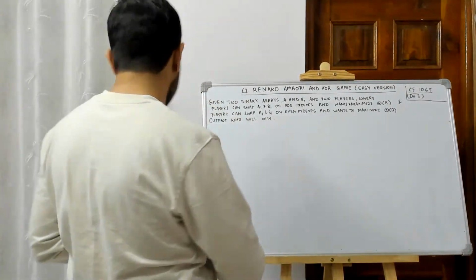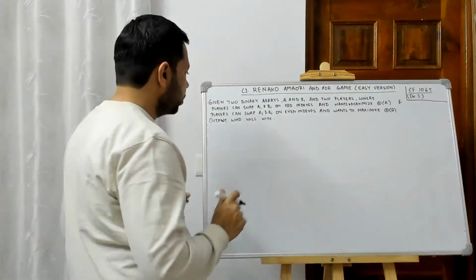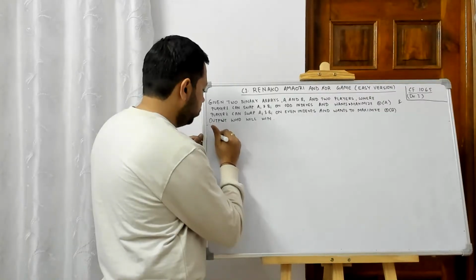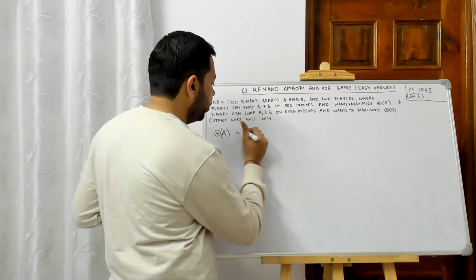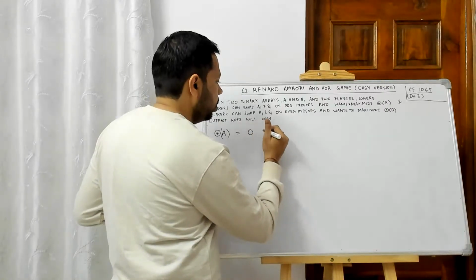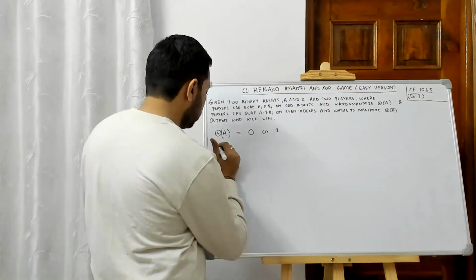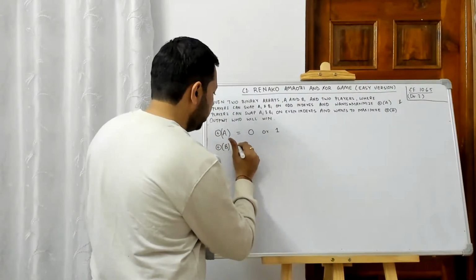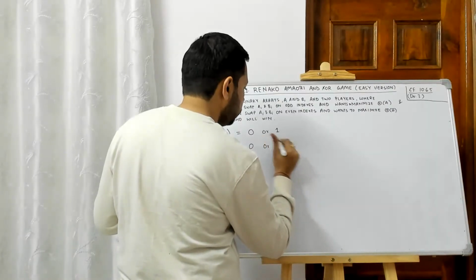Let's make some observations. First observation I have for you is that XOR of A is either going to be 0 or 1. XOR of B will also be either 0 or 1.